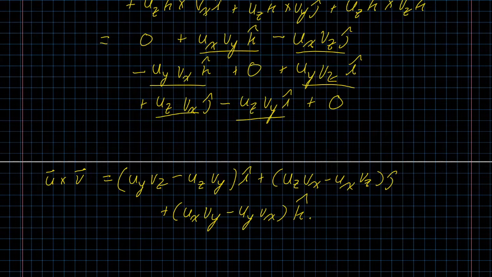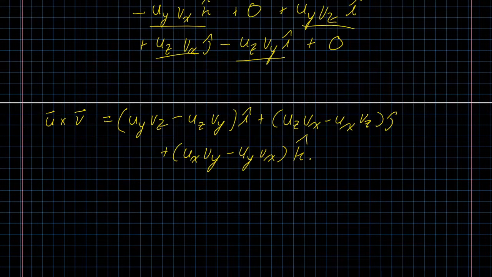But before I do that, I want to at least mention, if you have worked with matrices in the past, and you have seen the idea of the determinant of a 3 by 3 matrix.